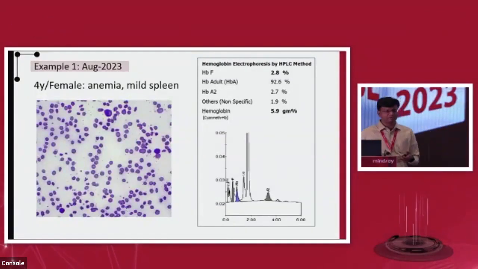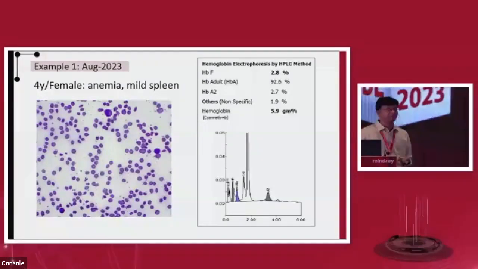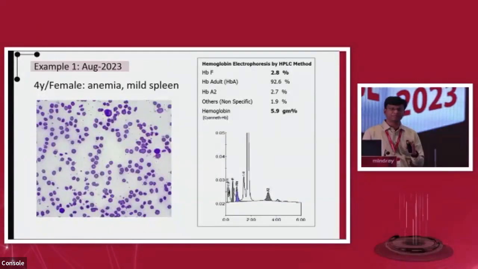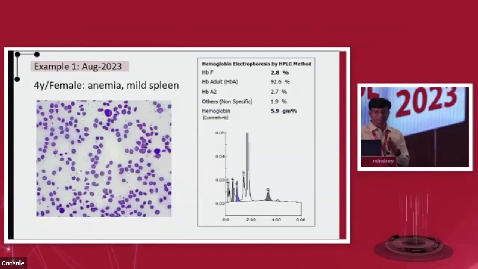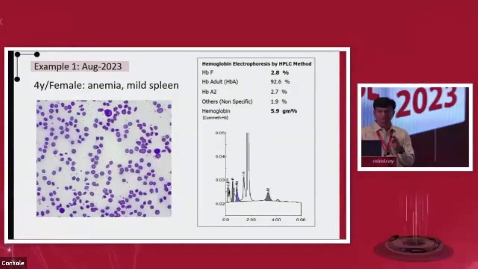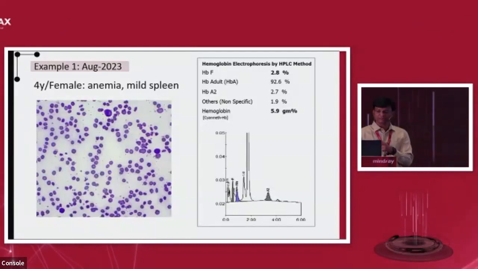With this, I'll give an example. In the month of March, just last month, we had a case of a 4-year-old female child with anemia and mild splenomegaly. Clinicians were in doubt whether it was thalassemia or something else. They sent a peripheral smear, HB electrophoresis, and a set of investigations. The peripheral smear showed normocytic normochromic cells with a few spherocytes.